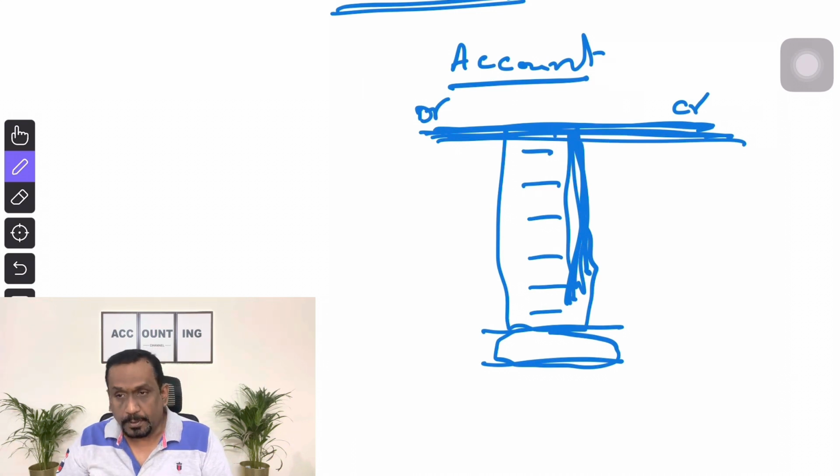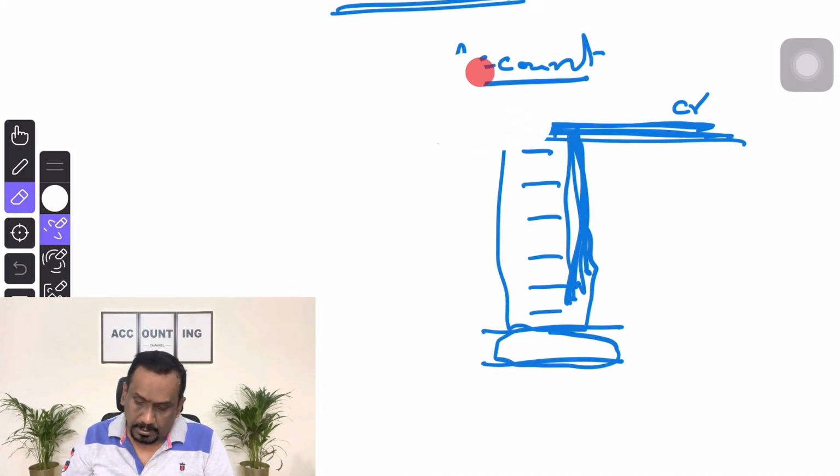So account is a classified statement which is in the form of English letter T. It has two sides. Left hand side is called debit side and right hand side is called credit side, and whatever transactions we incur against this particular account will be recorded in that. I hope you're clear.